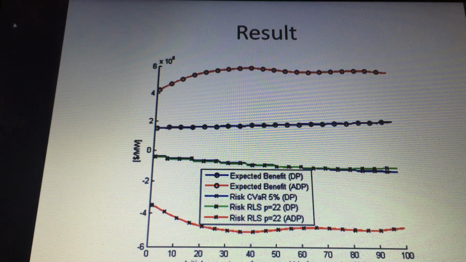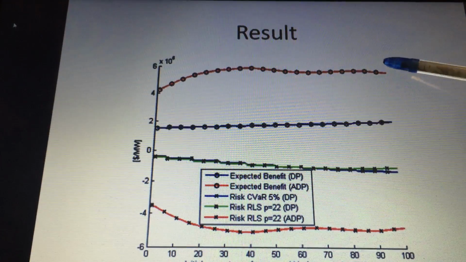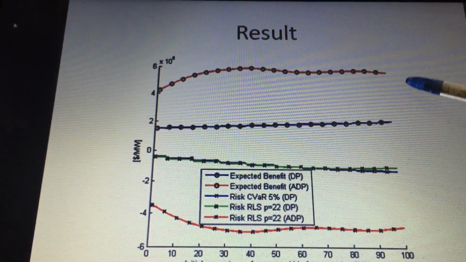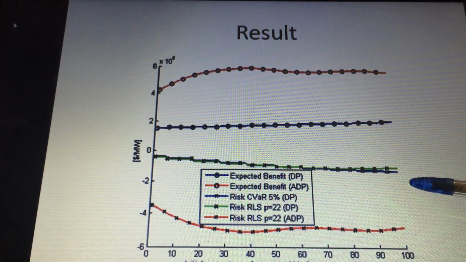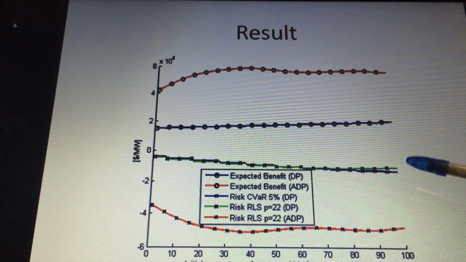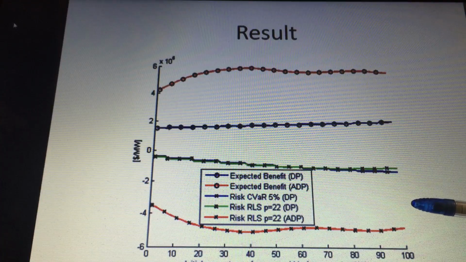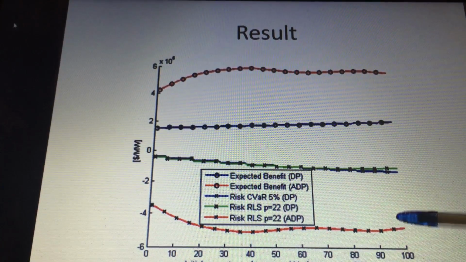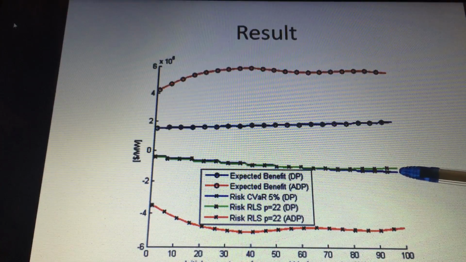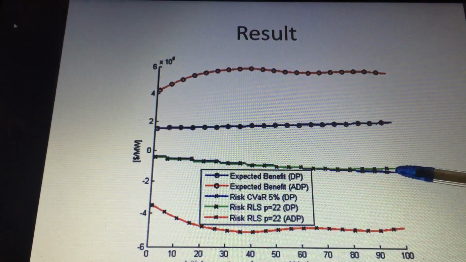As we can see from this graph, the benefit for ADP is always greater than DP, and the risk for ADP, which is here, is smaller than the risk of DP, which is here.